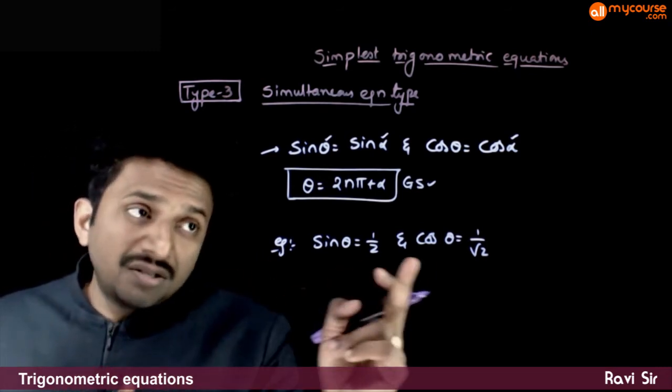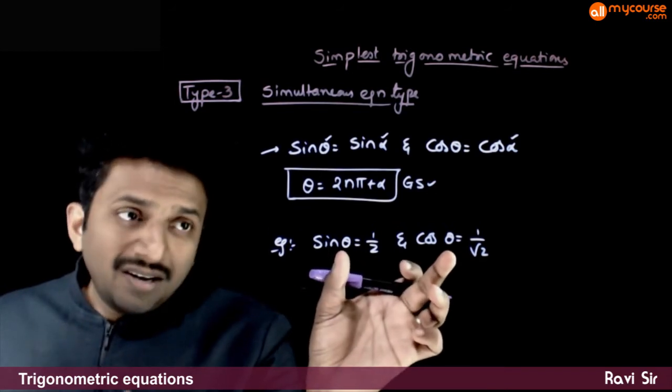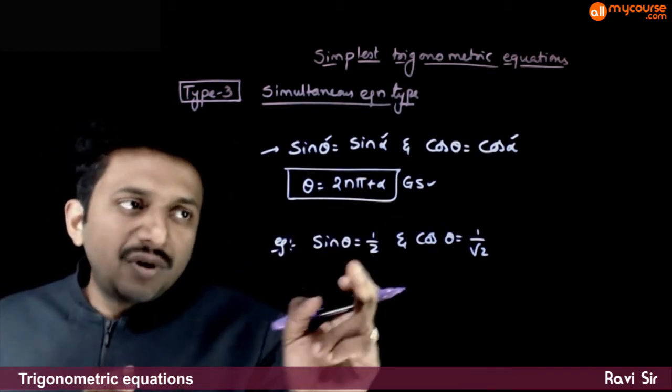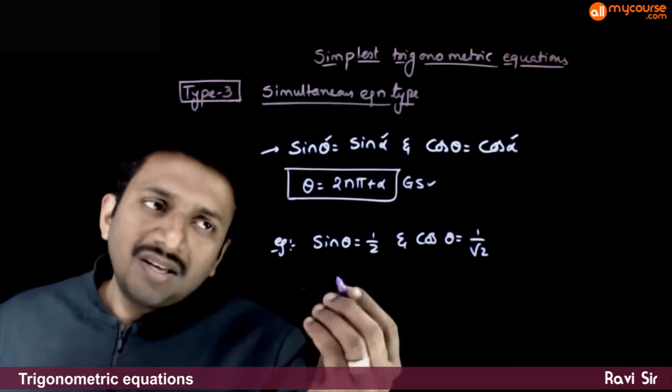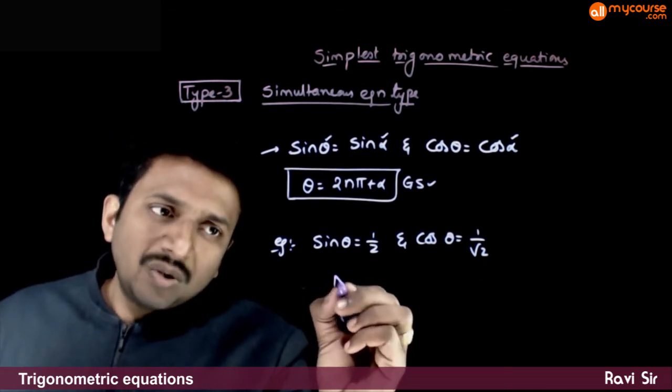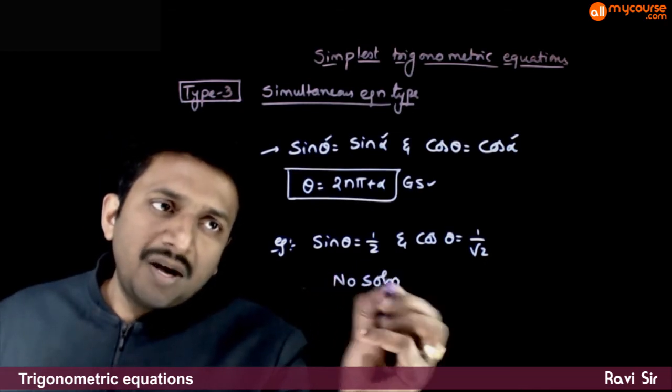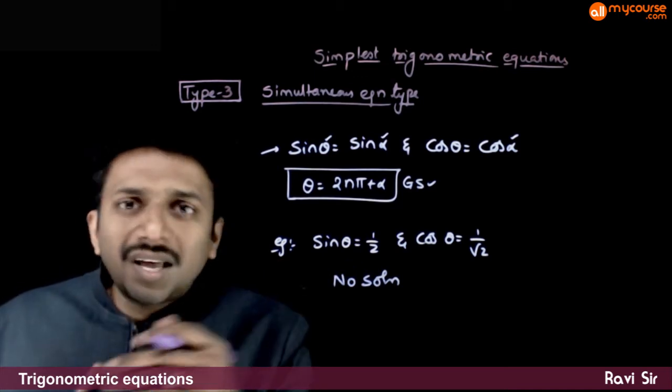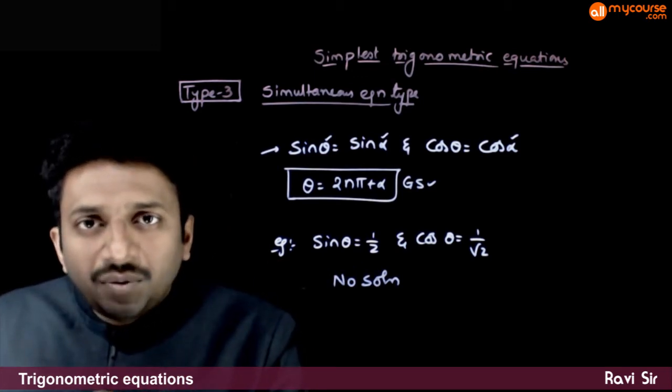For only those values of cos theta, we can find the solution for theta. So if you are given these two simultaneous equations, the answer is no solution, because when sin theta is equal to half, cos theta cannot be equal to 1 by root 2.